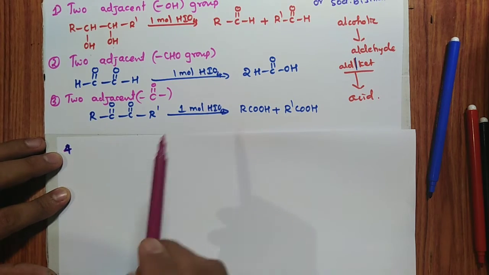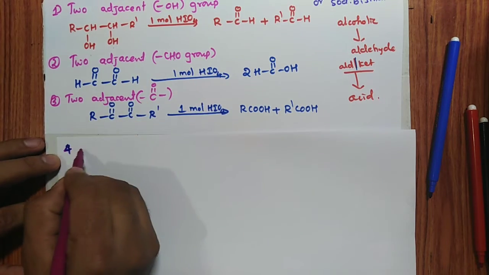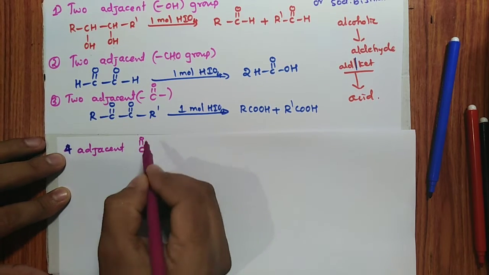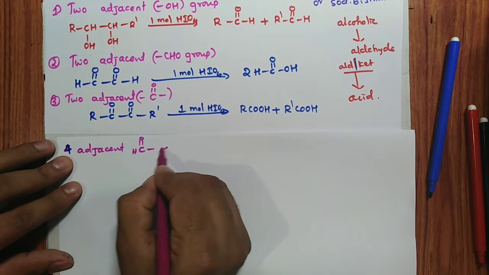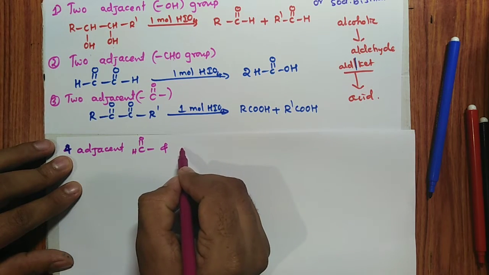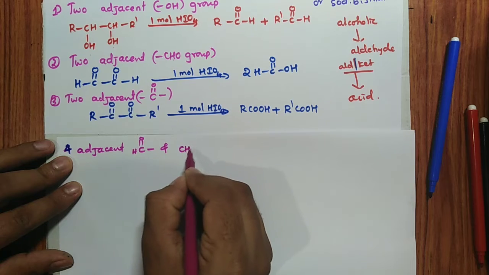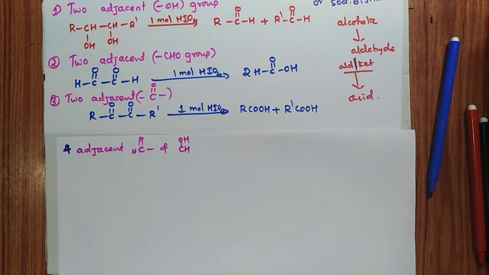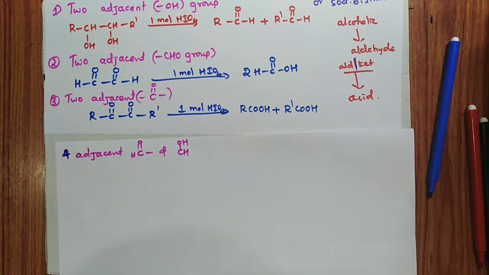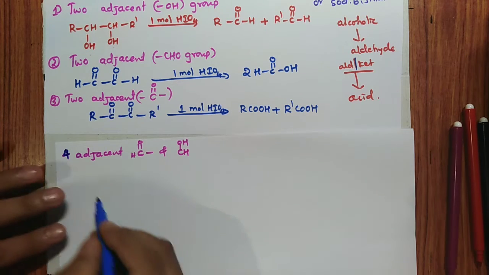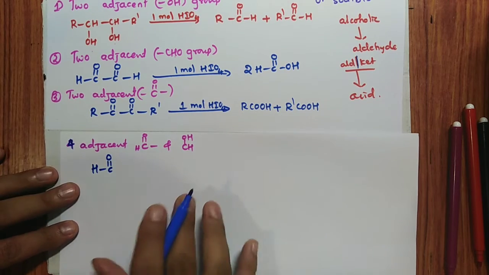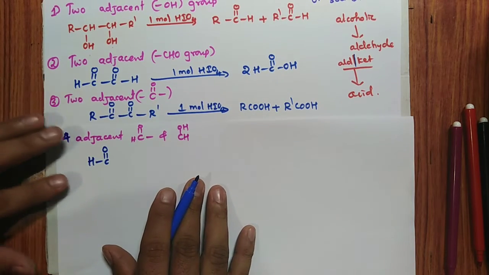Now we will make this one and this one adjacent: C double bond O, H and CHOH group. I will take one example: HC double bond O.